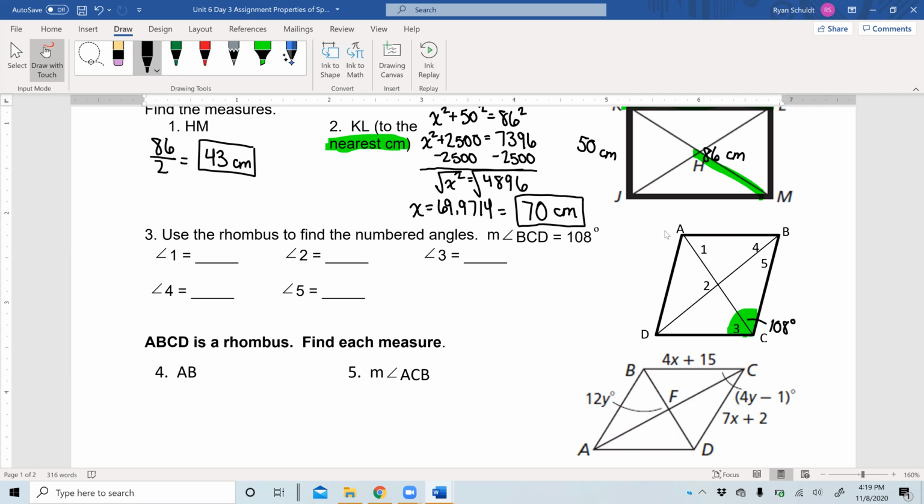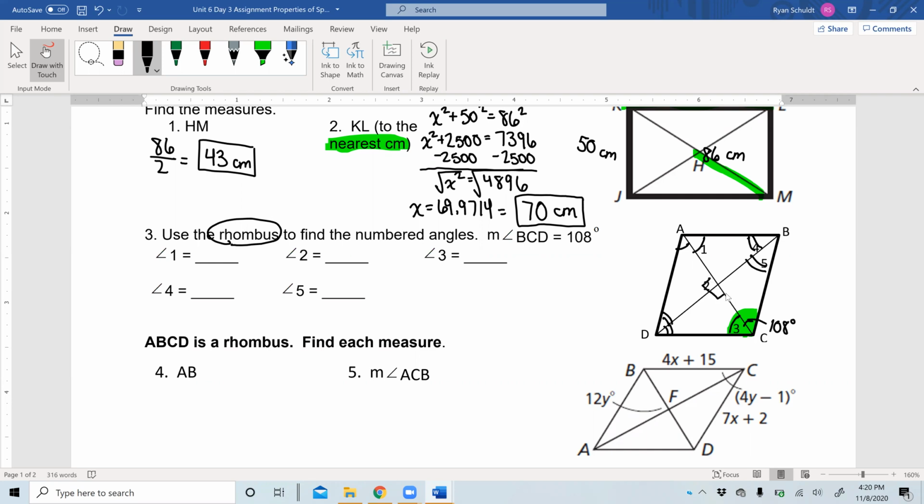I know that since I have a rhombus, the diagonals bisect. So that means this angle is the same as that angle. These two are the same, and these and these are the same. And then what do we know about how they intersect?